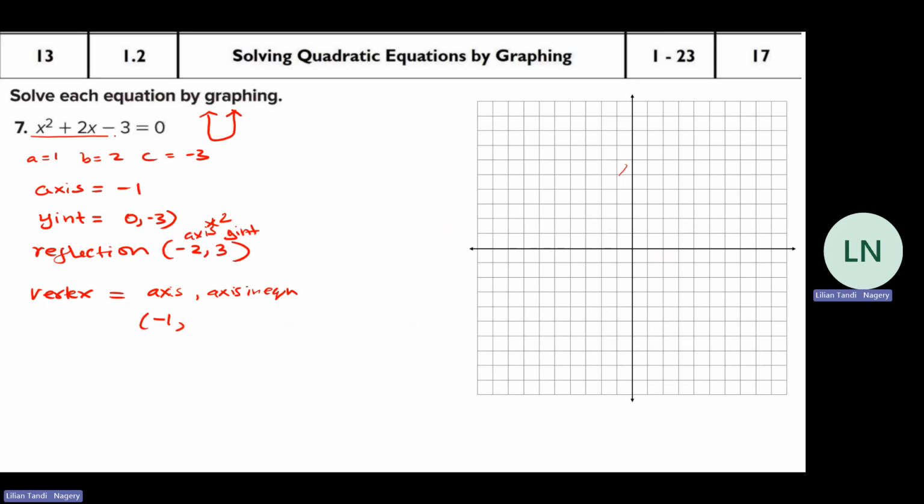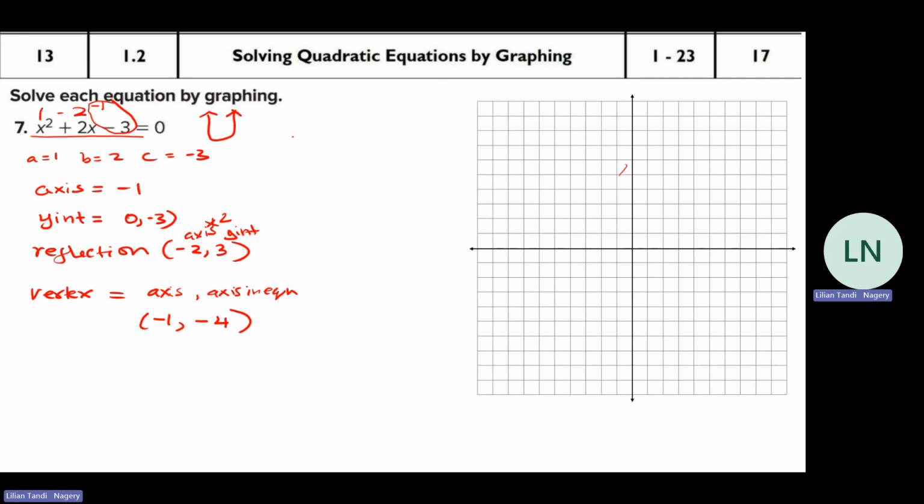If I put -1 here, I should get -5. Was it -4? -4, because this is 1, this is -2. That should give me -1, and -1 and -3, that gives me -4. -1 minus 3, that gives me -4. Okay. All right.